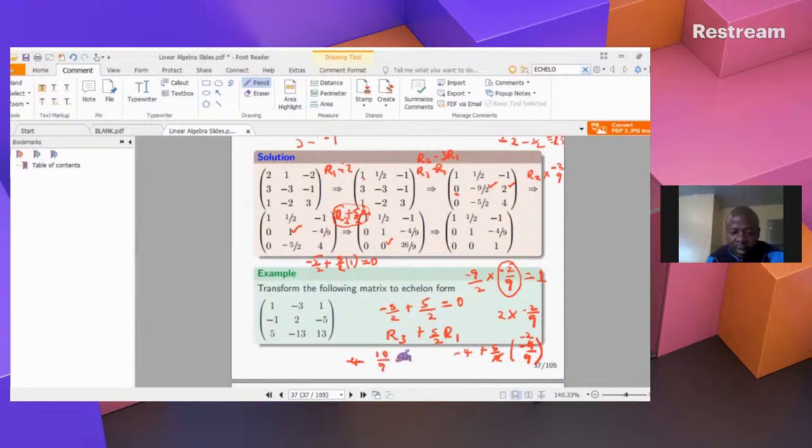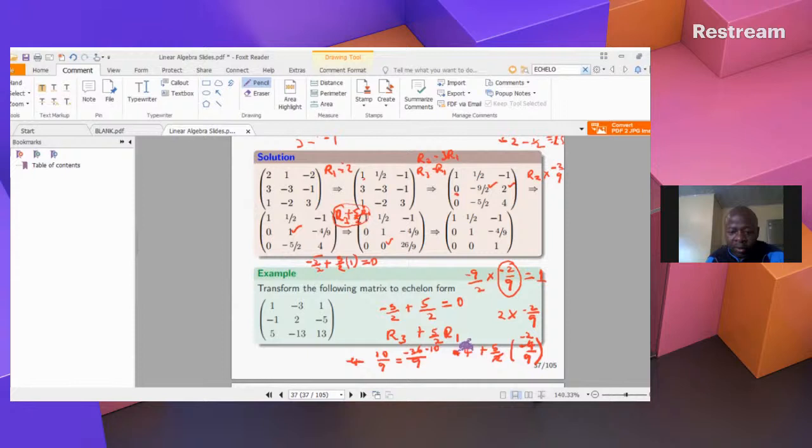So the LCM here is 9. And this will give us negative 36 negative 10, which is negative 46. Yes, let's look at the signs. This was positive 4, not negative 4.